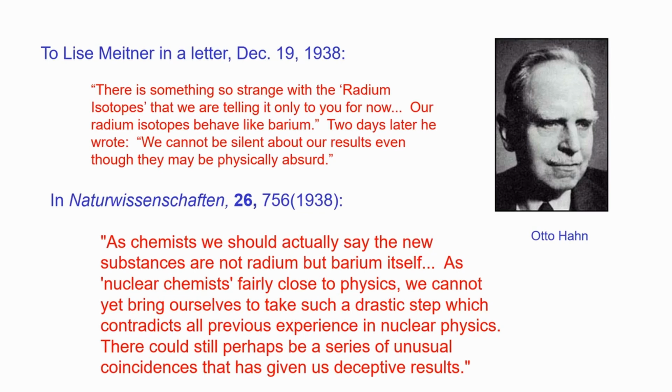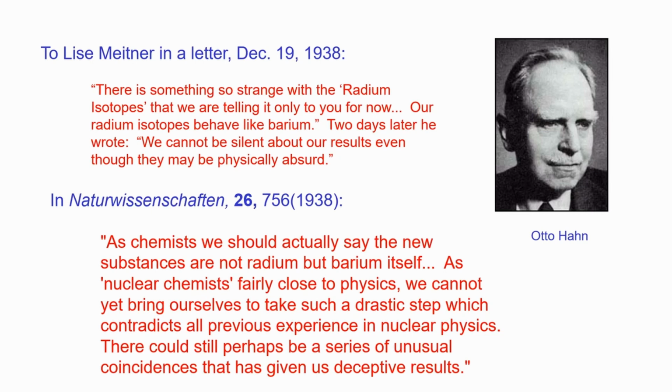Now, real quickly, in late 1938, Otto Hahn, a German chemist, was able to show that when he bombarded uranium with a neutron, barium showed up as a result. And this was highly unusual. They didn't understand it.